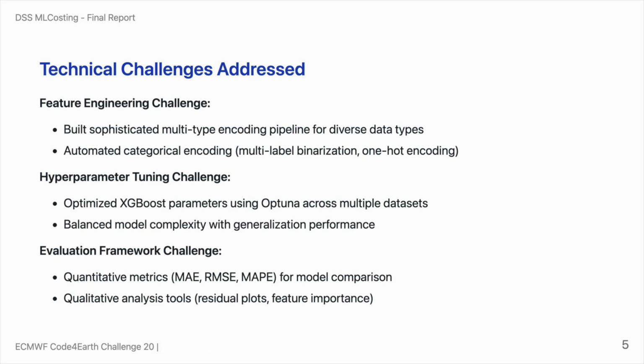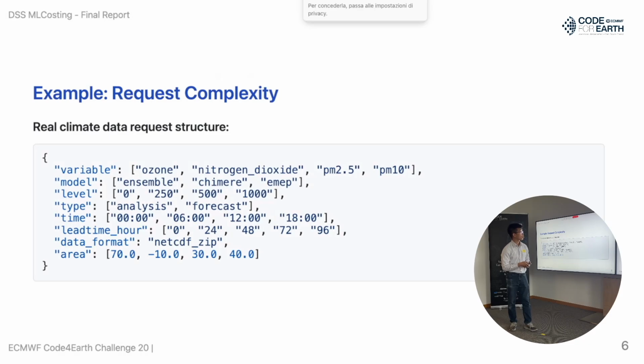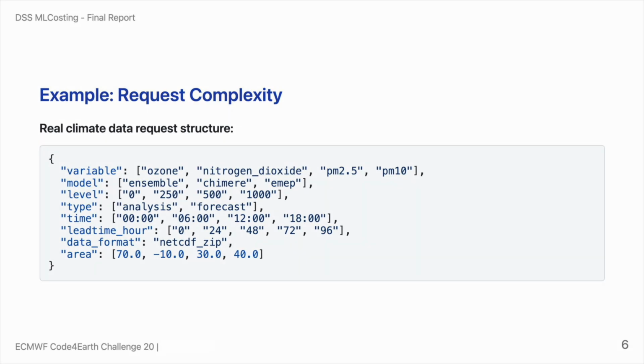So what we have done is feature engineering. We built a multi-type pipeline with a diverse dataset. For example, what you see here is an example of a request for the global atmospheric dataset. For the variables such as ozone and nitrogen dioxide, we can encode them as 0 and 1 in value.